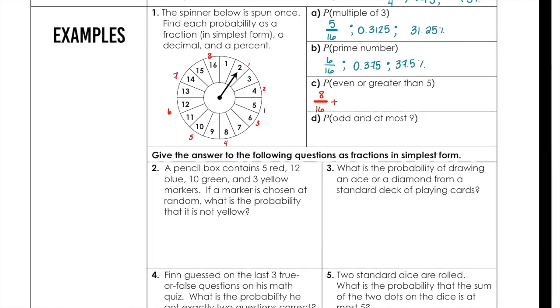We've already included 6, so we're not going to count it. We got 7, already included 8, so we're not going to count it. 9, 11, 13, and 15. What is that? 6. Okay, so there's 6 possibilities.